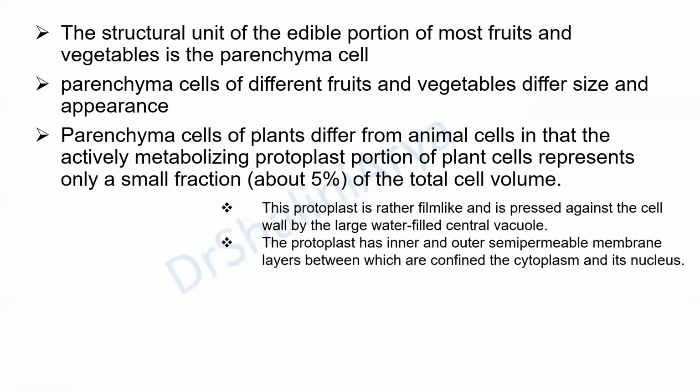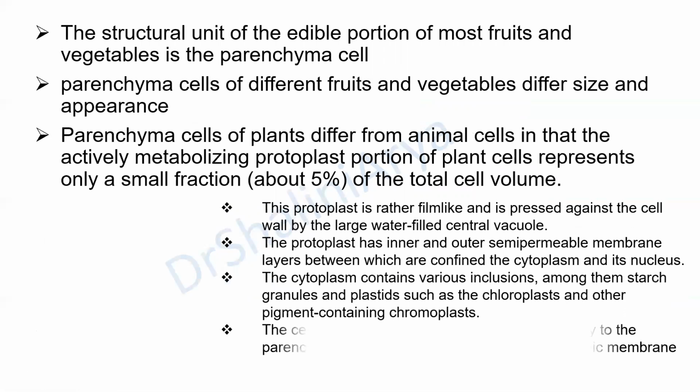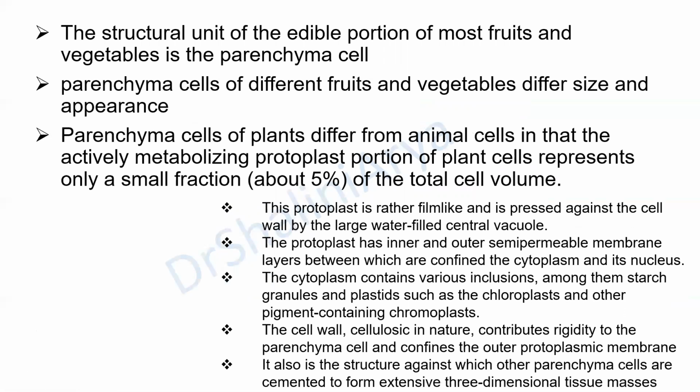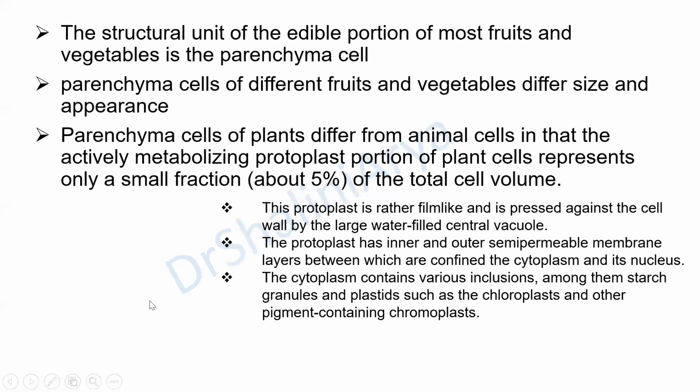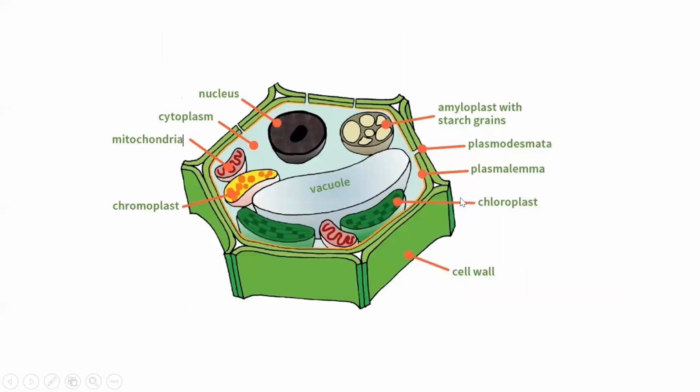The protoplast is rather film-like and is pressed against the cell wall by the large water-filled central vacuole. The protoplast has inner and outer semi-permeable membranes. See, this is the cell wall.